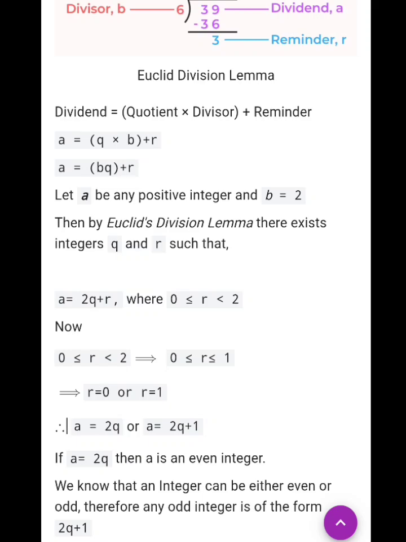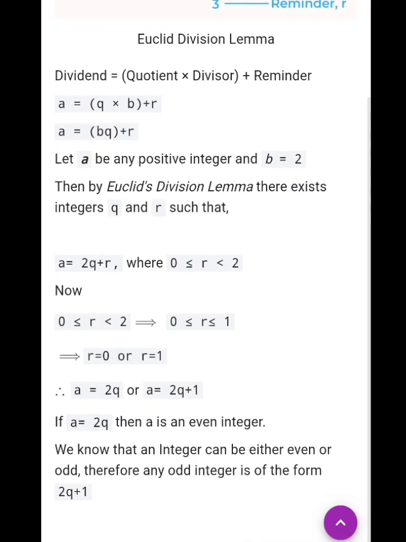But the remainder cannot go beyond the divisor value. Here the divisor is 2, so the remainder r should be less than 2, and it should also be greater than or equal to 0. That kind of a relation can be formed: 0 less than or equal to r less than 2.